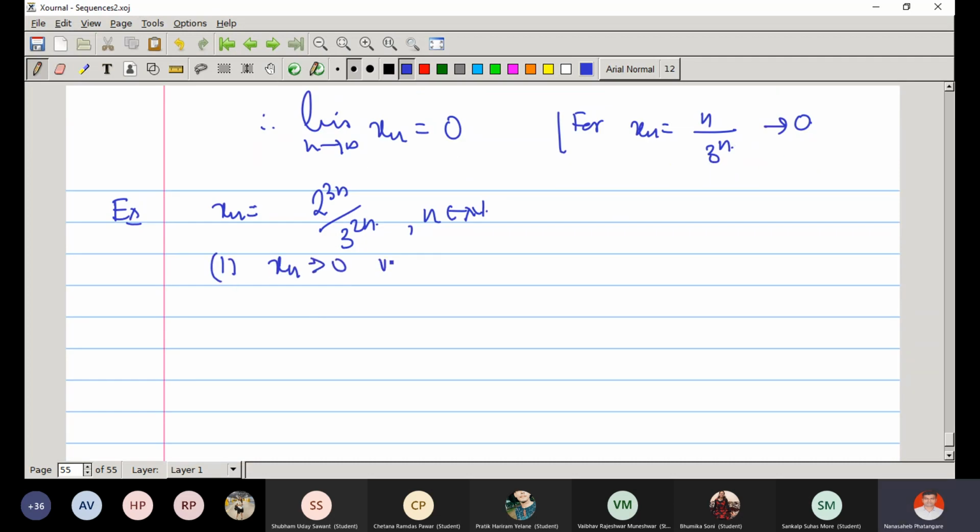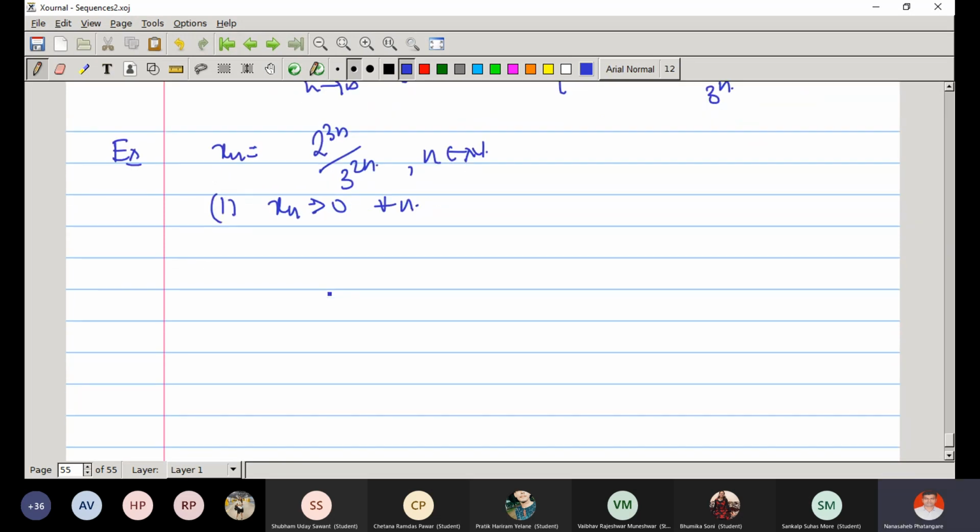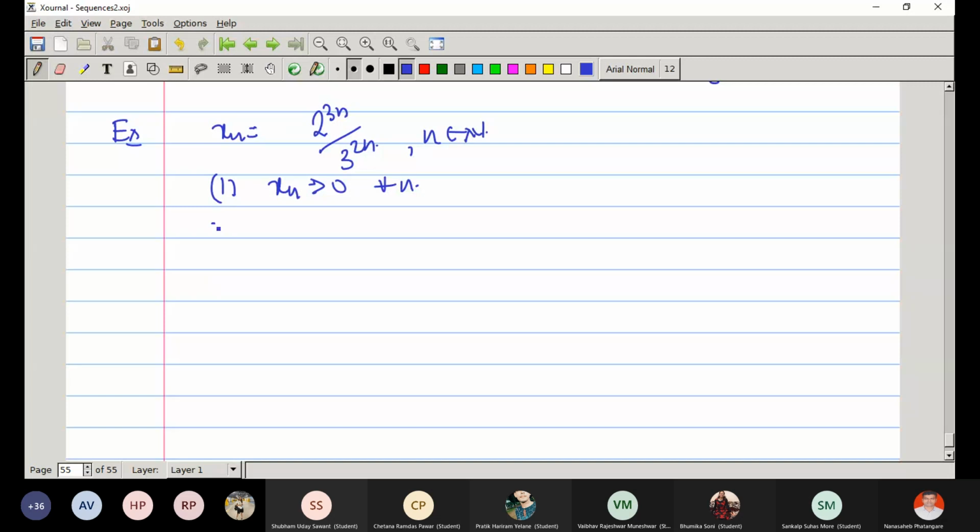Is xn positive for all n? Yes. So now look at xn plus 1 upon xn. 2 raised to 3n plus 1, that means plus 3, correct? And 3 raised to 2n plus 2. Am I right? This is xn plus 1.